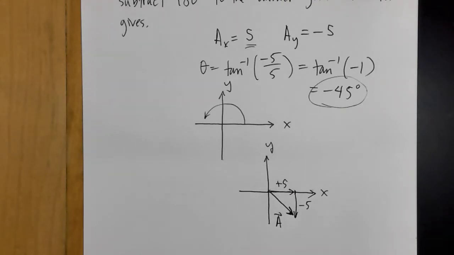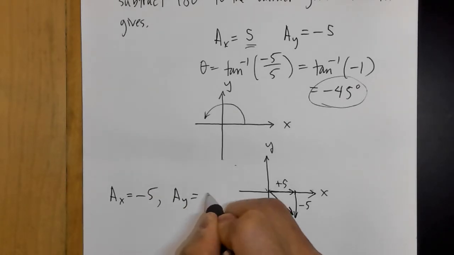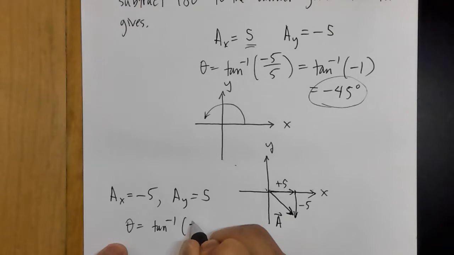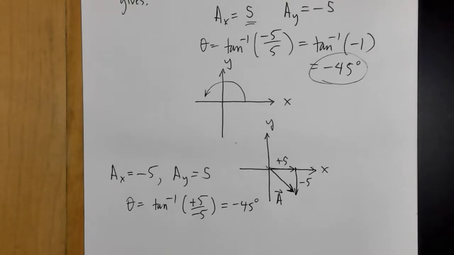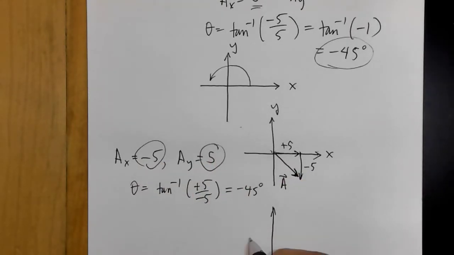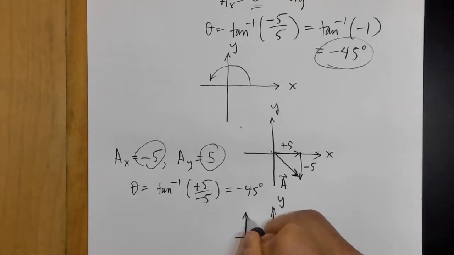Okay. But it may have been on the other side over here. For example, if ax is equal to minus 5, and ay is equal to 5, then theta is equal to arctangent of plus 5 over minus 5, and I would have ended up with minus 45 again, but I would have gotten the wrong answer. You see, the reason is if ax is minus 5 and ay is 5, if I just make a sketch, in other words, you just spend a few seconds to figure out this is my minus 5 here, and this is my plus 5 now.